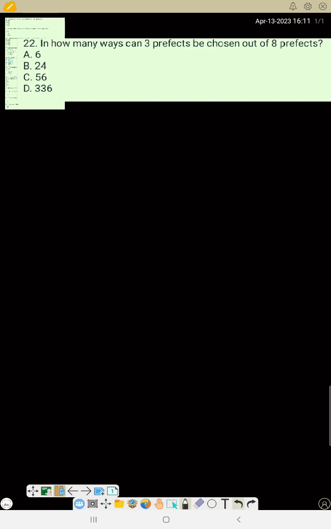So we have total number of prefects 8. The number of prefects we want to choose is 3.